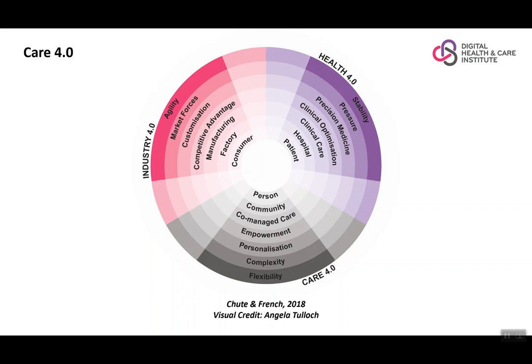And that's in trying to reframe how we might see the person as a part of the architecture, if you like. In the top left, we see Industry 4.0 very much thinking of the person as a consumer, focused on manufacturing, on retail, on consumerism, using new 4.0 capabilities for competitive advantage and agility in the marketplace.